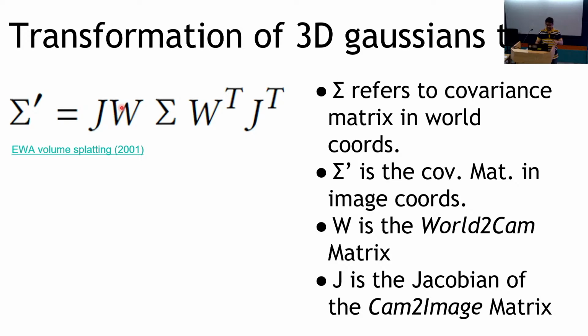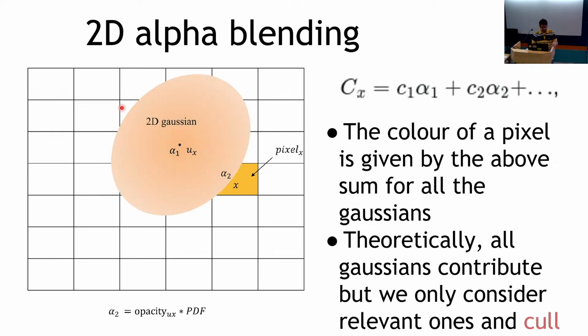What you have to do now is alpha blending. You can have multiple splats, right? You can have some 3D Gaussian here, here, here, and here. Once you splat them according to a viewpoint, there will be multiple such planes.